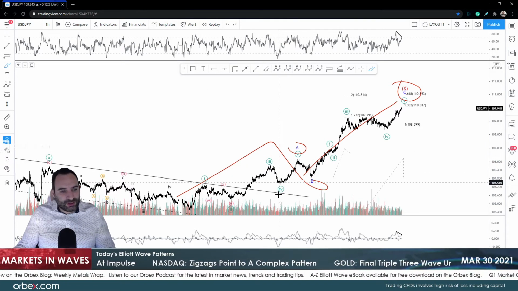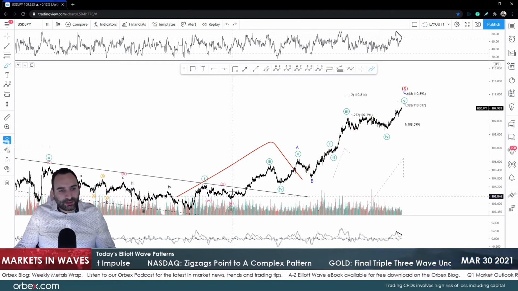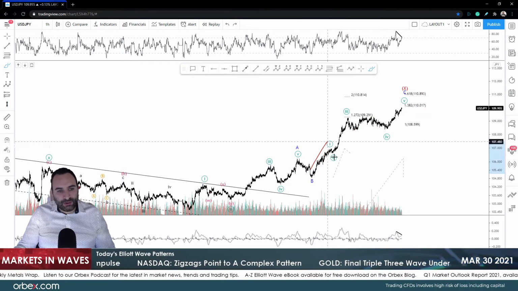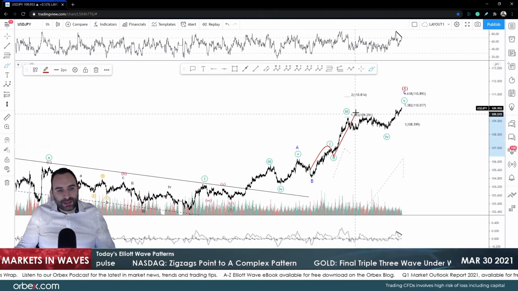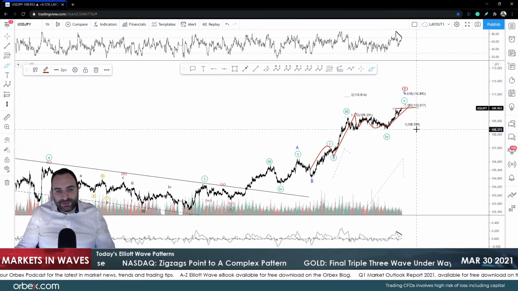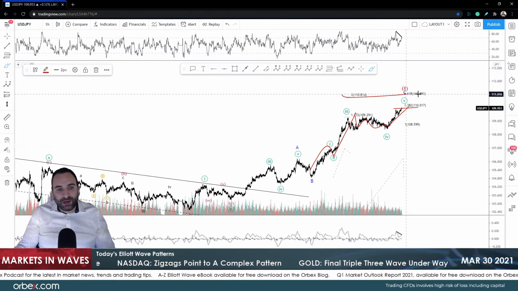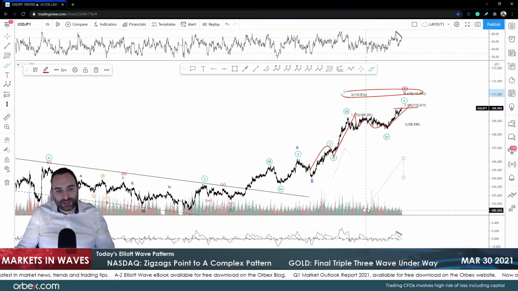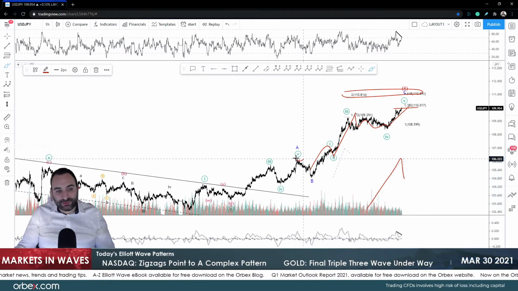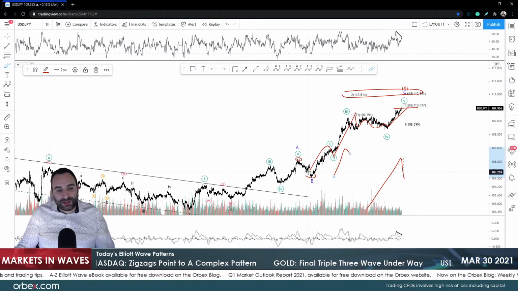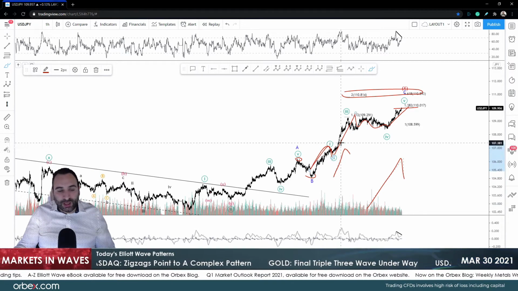Obviously with the extension in wave 3, that A works out much better and makes more sense. Now we've got 1 and 2 over here, guys, 3 and 4, and perhaps 5 at around 110, but I'm also looking at 110.80, 90 or so, because it's the 161.8 Fibonacci extension of waves A and B, and also the 200 Fibonacci extension of waves 1 and 2.